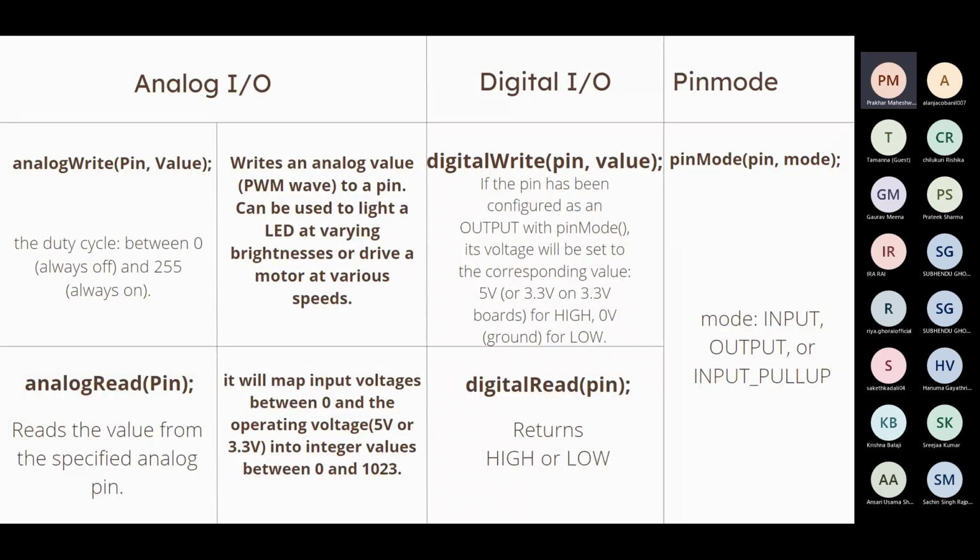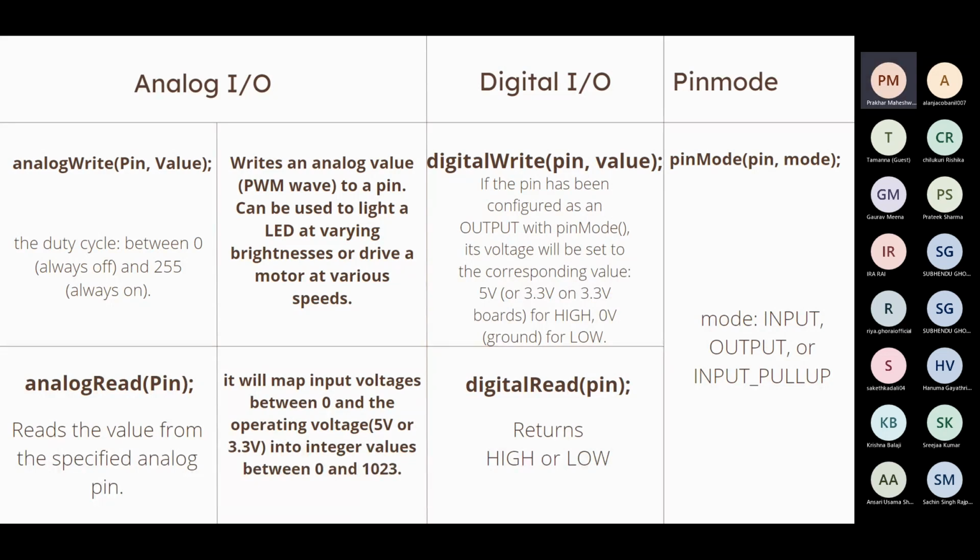So say if we are giving here 255, then the voltage that will be coming out will be 5 volts from that pin. And in case we are providing 0 here as a value, then 0 volt will be coming out through that pin. So we can just map this 0 to 255 to 0 to 5 volt. And according to that, the voltage level will come. So it's generally being used for any variation in brightness or speeds of motor, etc.